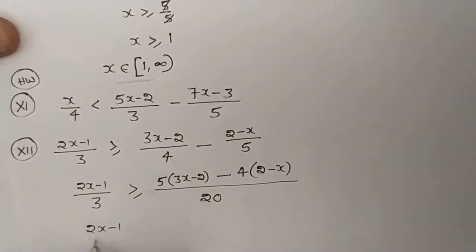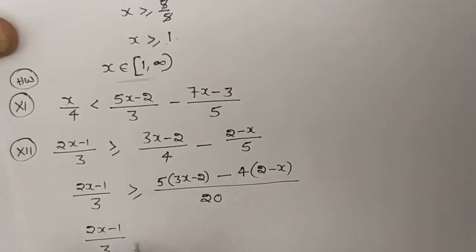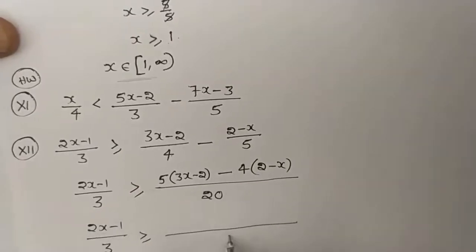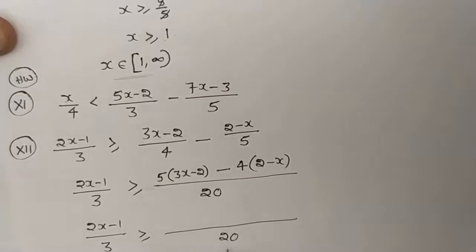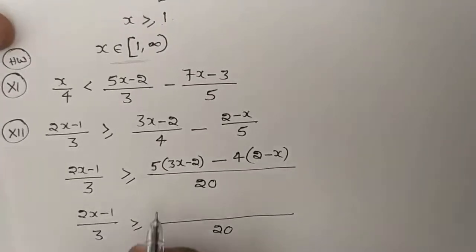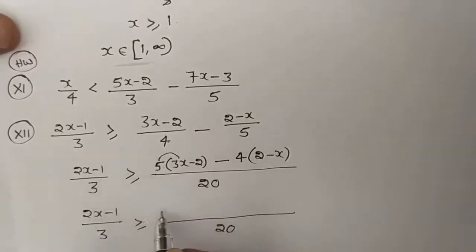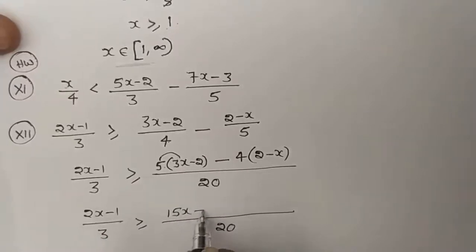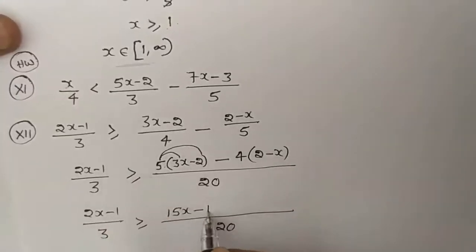(2x minus 1) by 3 is greater than or equal to, in the denominator 20. 3 and 20 do not cancel, you just keep it as it is. 5 into 3x is 15x, minus 5 into 2 is 10.